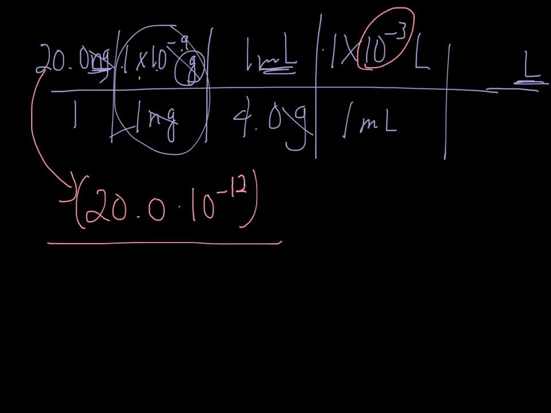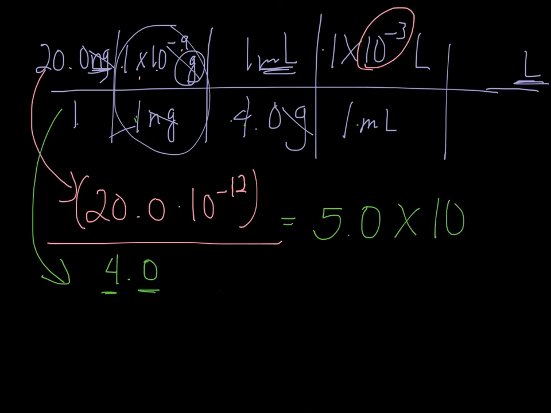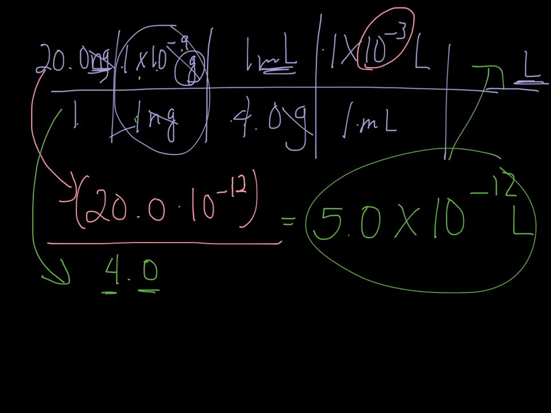Divided by, at the bottom, 1 times 1 is 1, 1 times 4 is 4, 4 times 1 is 4, so it's 4.0 at the bottom. 20.0 divided by 4.0 would give me 5. The least number of sig figs is 2, so 5.0 times 10 to the negative 12 liters. And that is my answer.